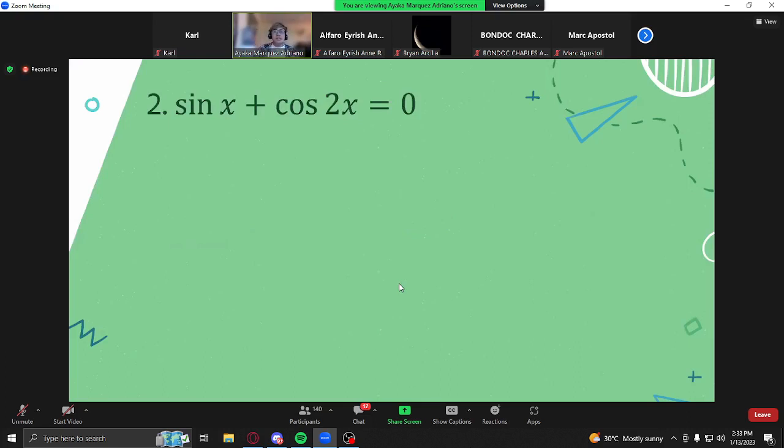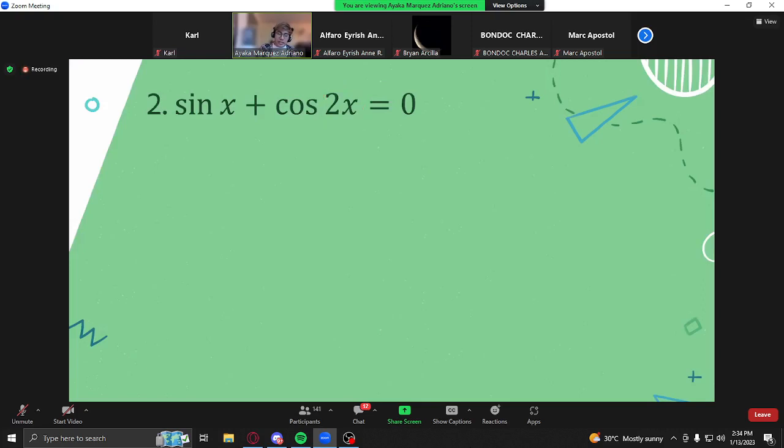Let's proceed to the second example. We have sin x plus cosine 2x is equal to 0. Clarification, if you have 2x here, it means that you have to get double of that angle. So for example, kung meron kang pi over 2 and you have to multiply 2, magiging pi siya.